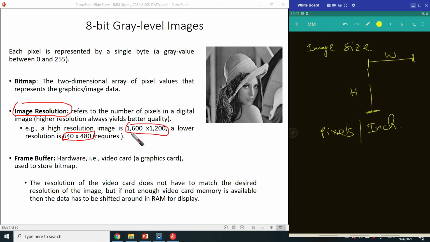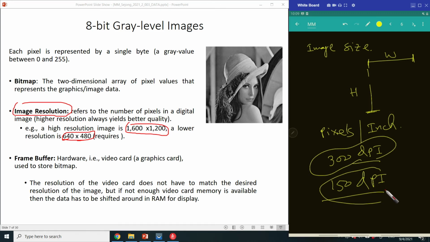If you have a higher number of pixels per unit distance, per inch or per centimeter, then your image resolution is higher. For example, your image may be 300 dpi, meaning 300 dots per inch, and another image may be 150 dpi, 150 dots per inch, so definitely the first resolution is higher.